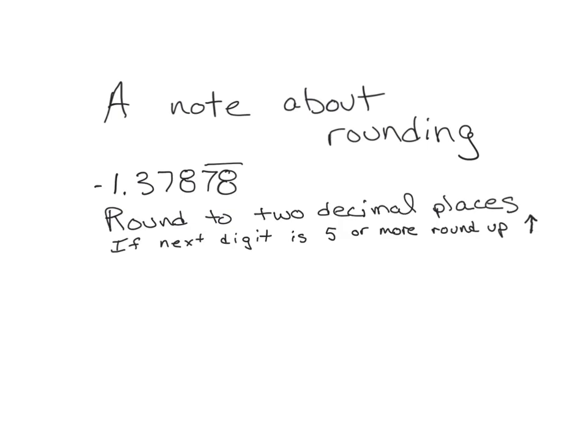We're going to just use the simple rounding rule, which is if the next digit is 5 or more, round up. So for this number, if we want to go out to 2 decimal places, our next number is 8, which is greater than 5. So for this problem, you would round up to negative 1.38.